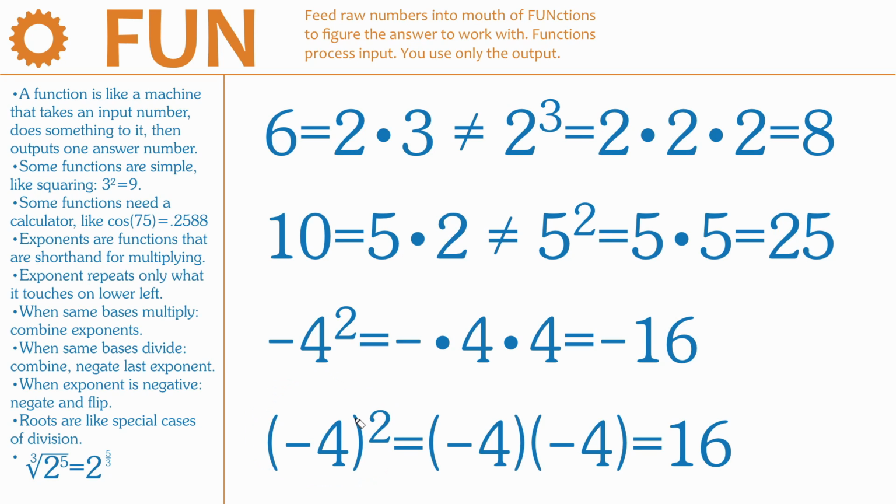Here, the 2 is next to the parentheses, which is like a box. We'll get into that in our action. So the box, and therefore everything in it, gets repeated twice. So this is 2 boxes, which means 2 negative 4s, because that's what's in the box, are timesing each other.